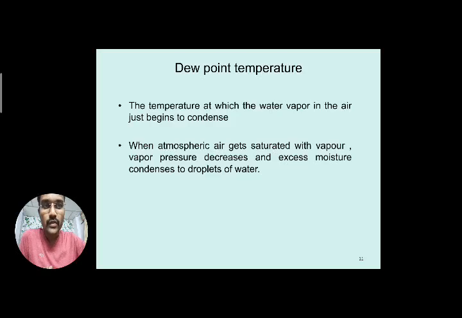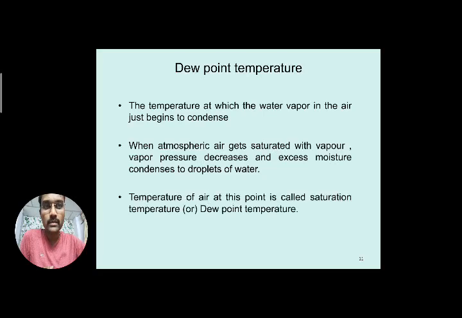Now when atmospheric air gets saturated with vapor, vapor pressure decreases and excess moisture condenses to droplets of water. So I got that point. When it starts the saturation process with the vapor, the vapor pressure gets decreased, and whatever the excess moisture is there, it will start condensing to droplets of water.